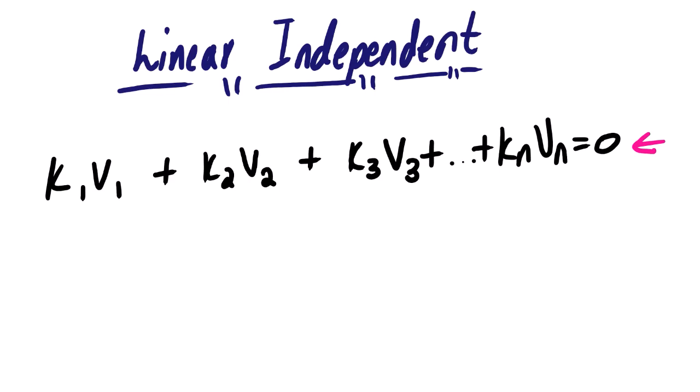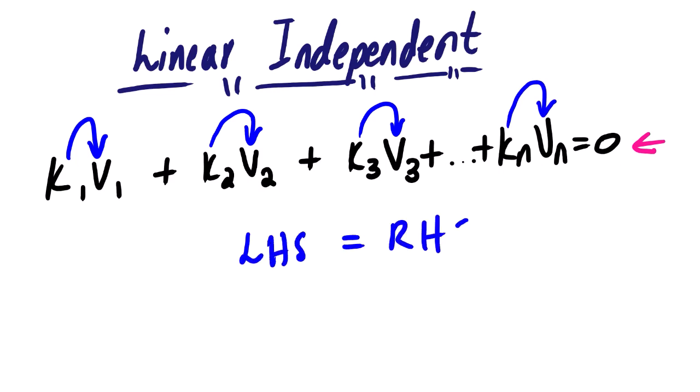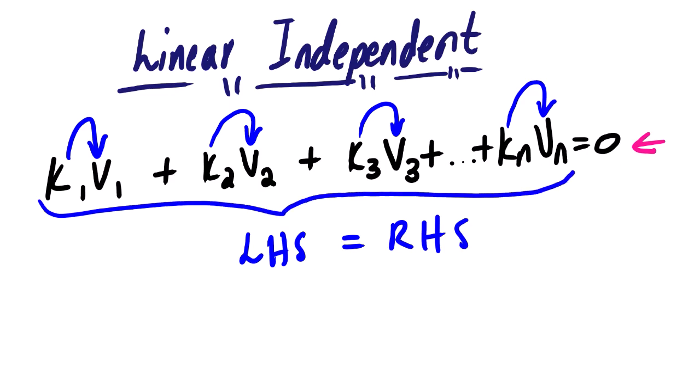it equals 0. Now, if we multiply each and every vector by a scalar value, for instance k1 multiplied by v1, where v1 is a vector and k1 is a scalar, plus another scalar multiplied by the second vector v2, plus another scalar multiplied by the third vector v3, up to kn multiplied by vn, and then we discover that the left hand side equals the right hand side, meaning that this operation equals 0, because you can see that the right hand side is also 0.